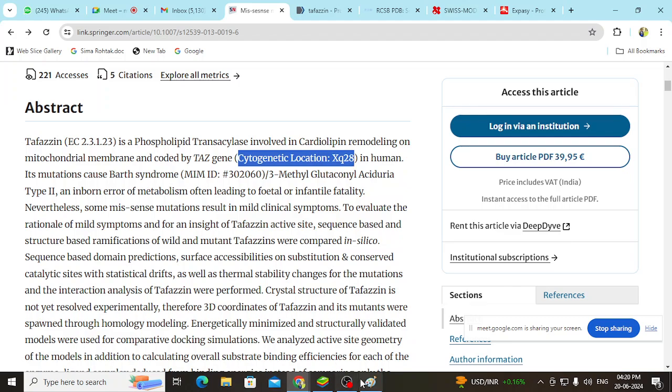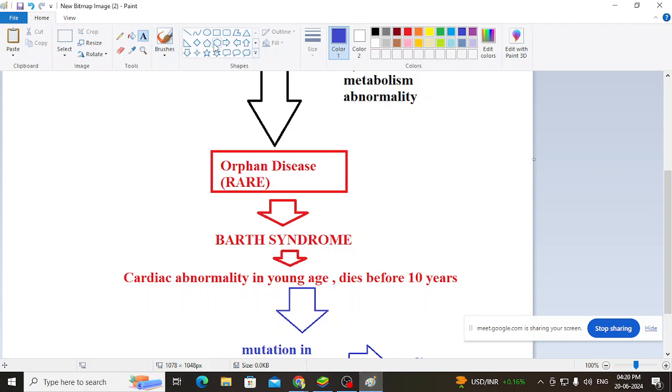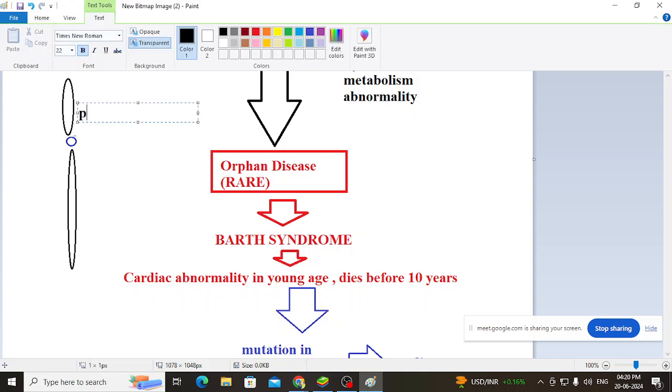This is basic, but still I'll draw. Tell me if you can remember this structure. Chromosomes look like this, and there will be a centromere in between. Consider that this is the centromere. There is a p arm in all chromosomes, and there is a q arm.